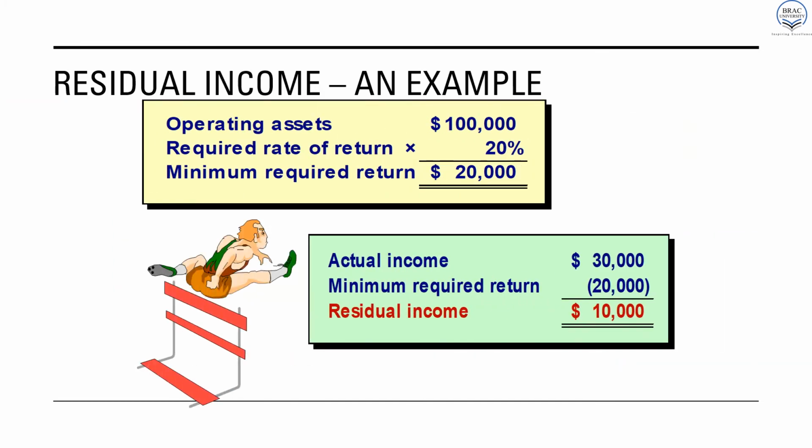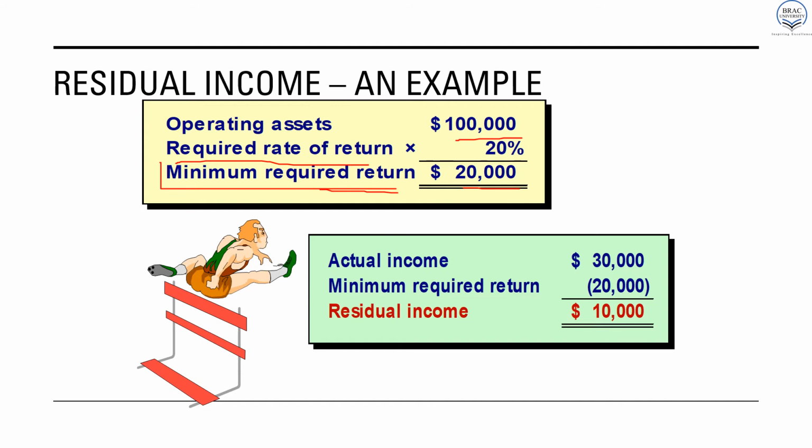It's quite simple. First of all, my minimum required return. Average operating assets are $100,000 and the required rate of return is 20%, which is given, and that is my total minimum required return. So out of $100,000 of investment, I should return $20,000.